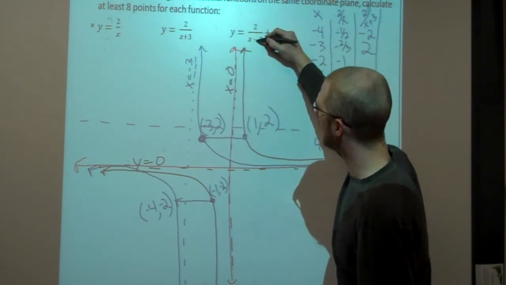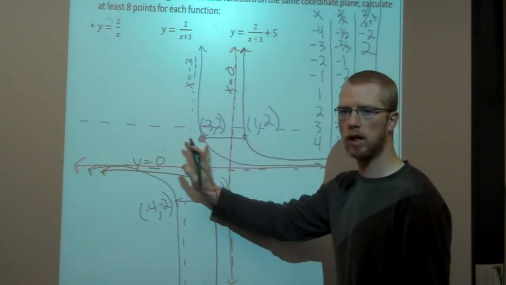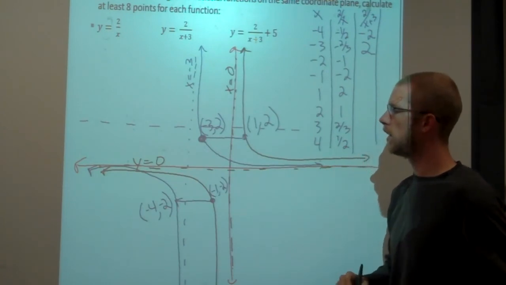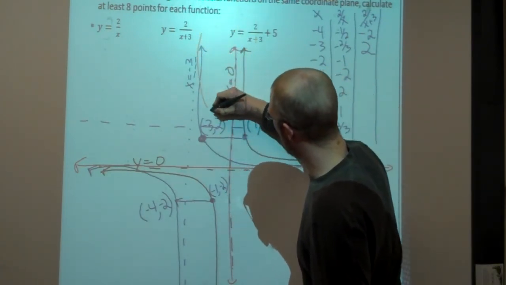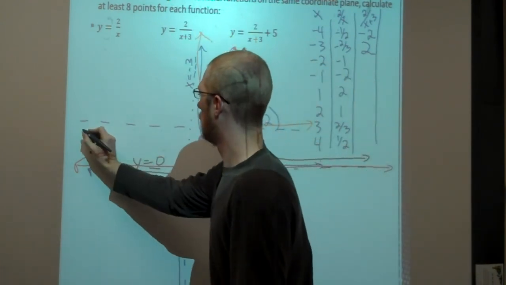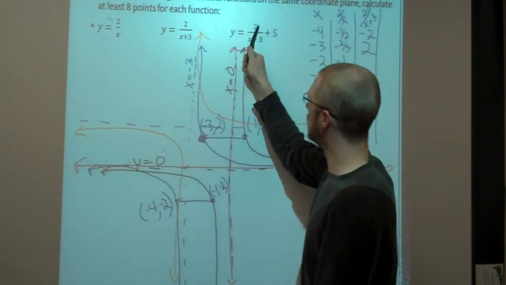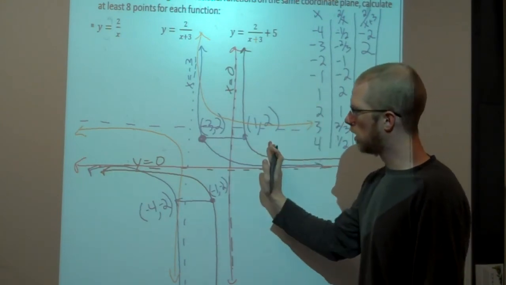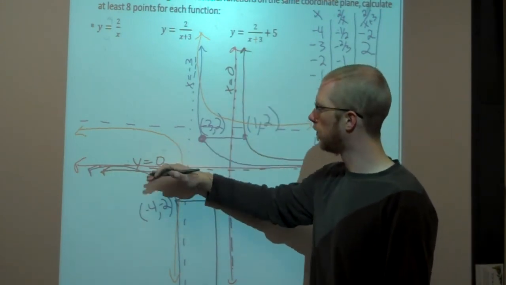Alright, so now not only have I shifted it, in this case we'll make that a plus so we don't have to shift it twice. Not only have I shifted it left 3, but I've also shifted it up 5. So now my graph would come in and be right in here. So if this is 2 over x plus 3 plus 5, remember opposite direction for the denominator, so that brought us to here.